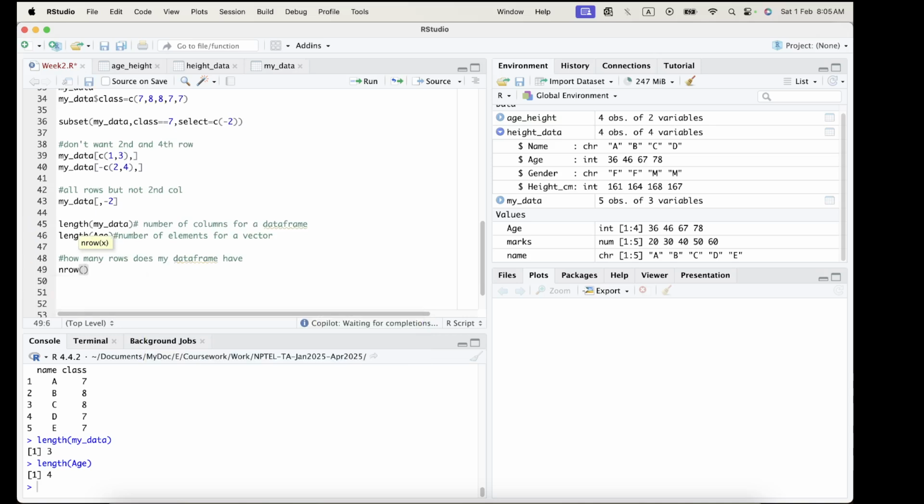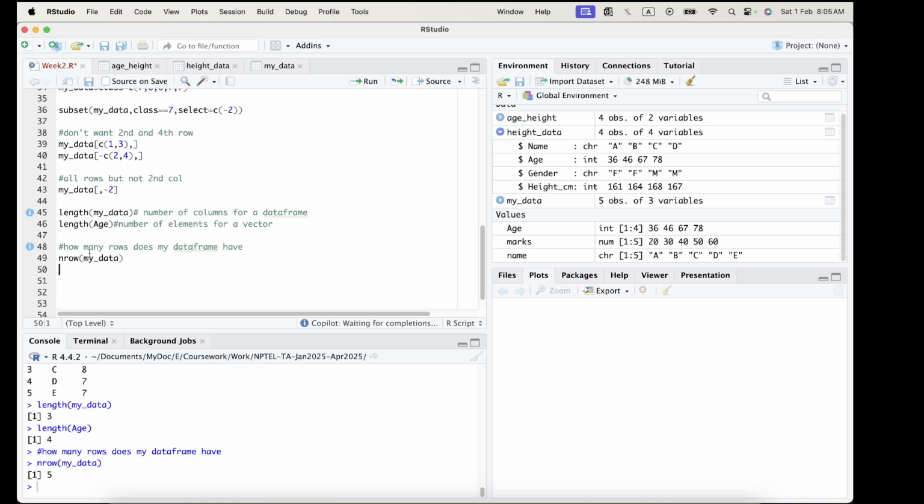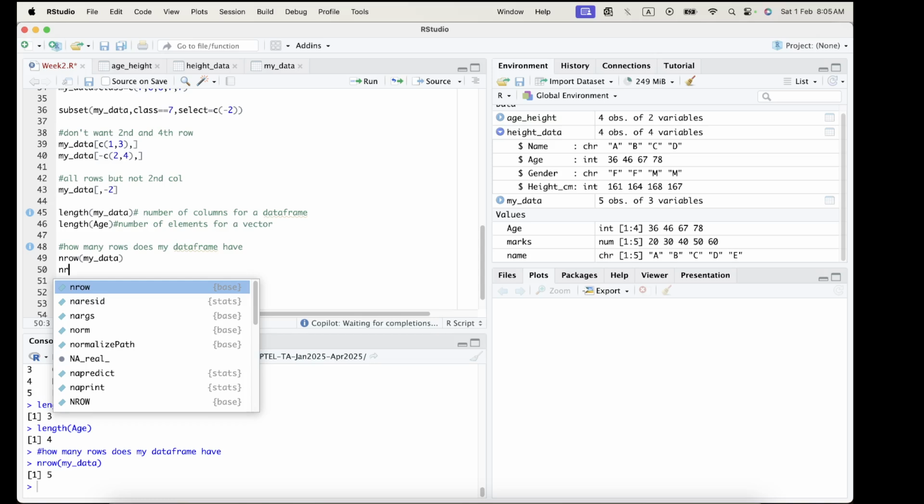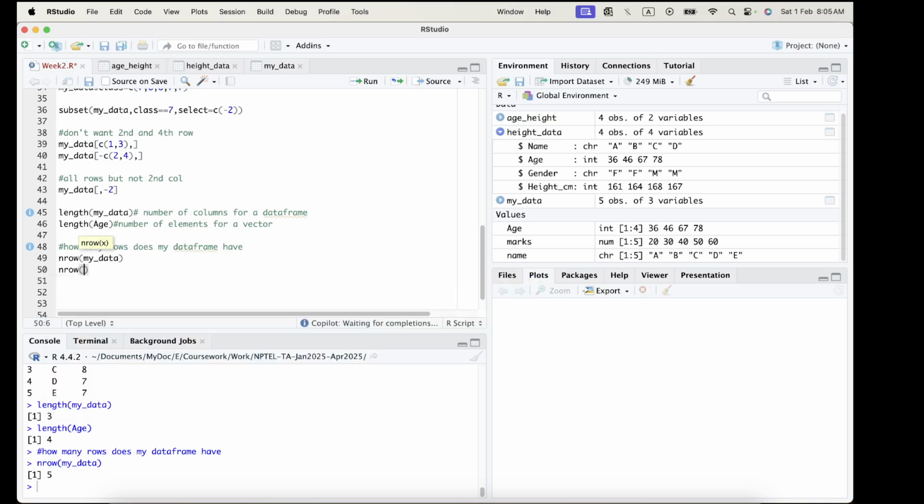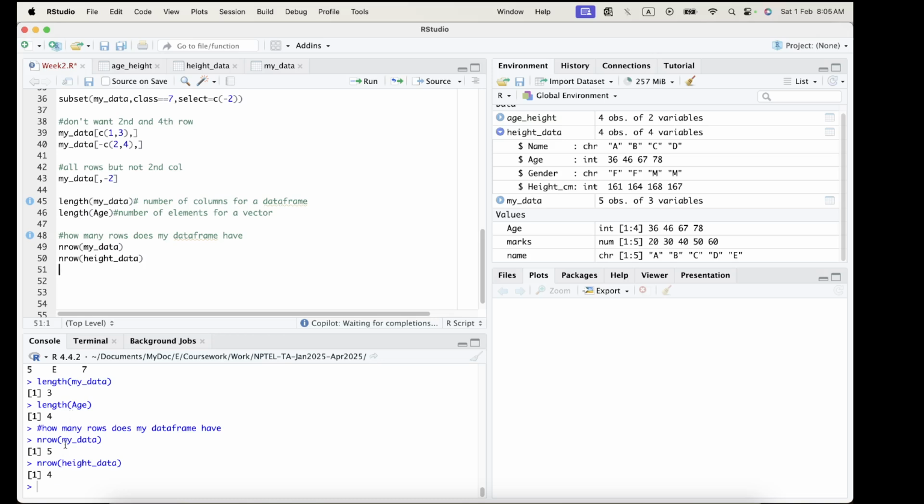Okay, nrow of my data is going to give me the number of rows that I have, that is 5. Okay, nrow of the other data frame that I'm using, height data, is going to give me 4.